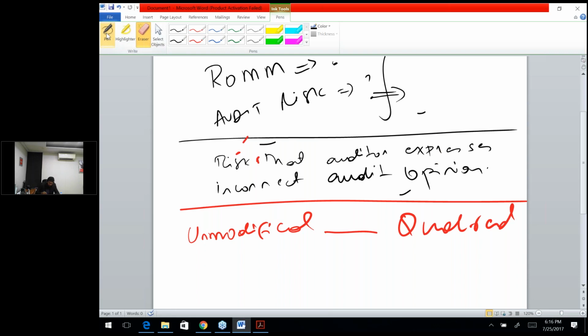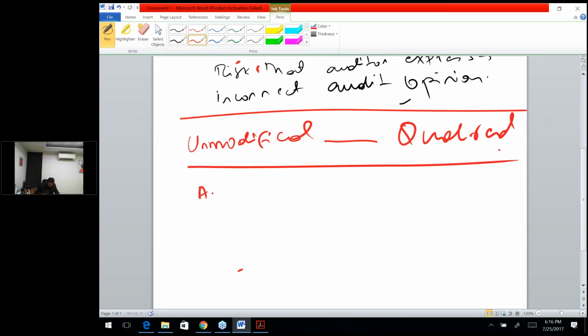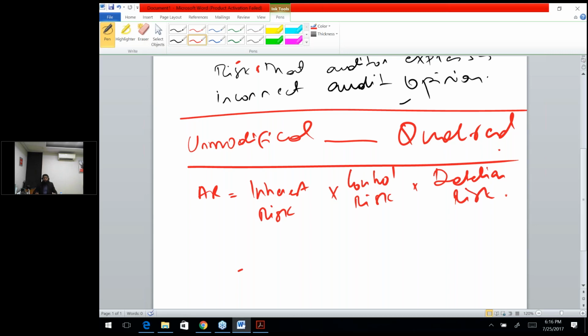Now, we have studied at F8 level that whenever we talk about the audit risk, audit risk is a product of inherent risk, control risk, and detection risk. That's what we already studied at the F8 level.